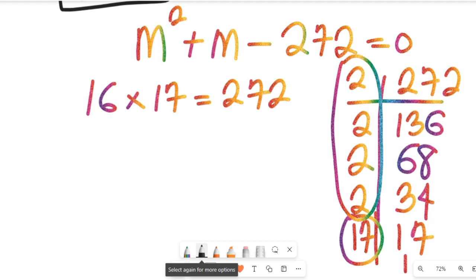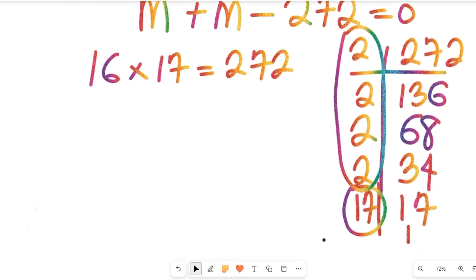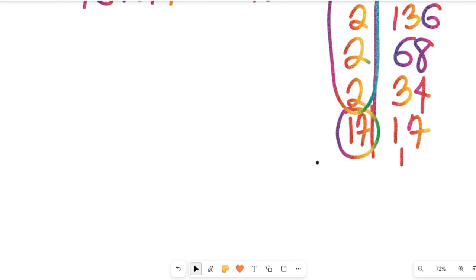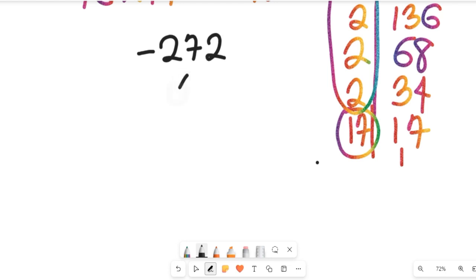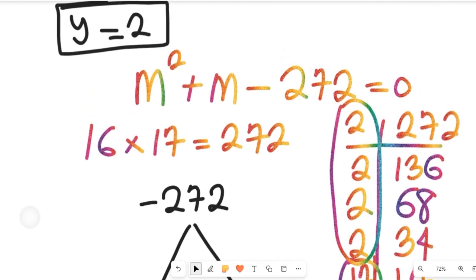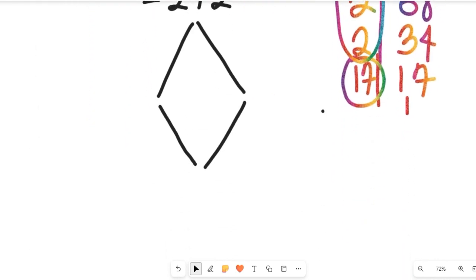Having gotten that, all we need to do is find two values such that when we multiply them, we have negative 272, and when we add them, we have positive 1, just as we have positive m here.